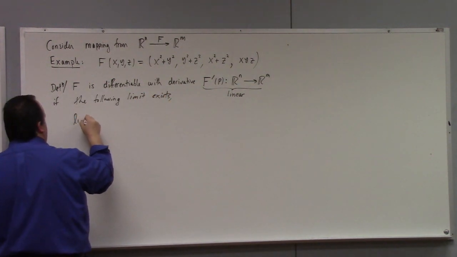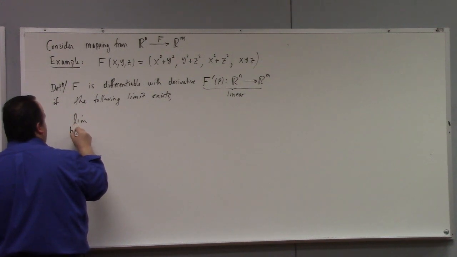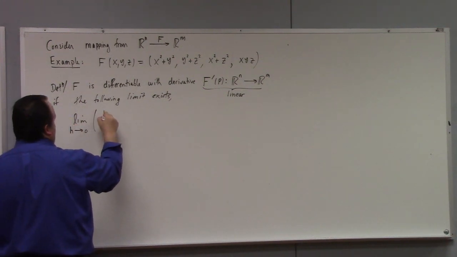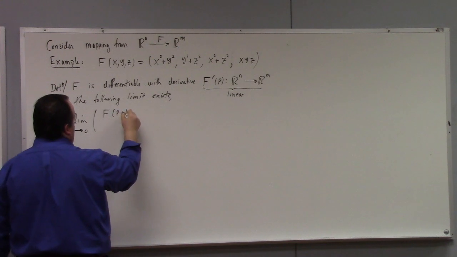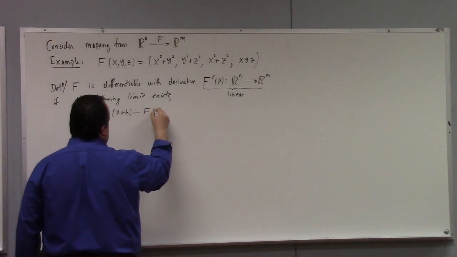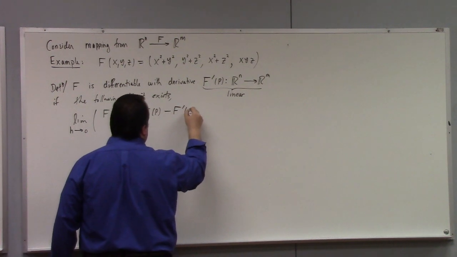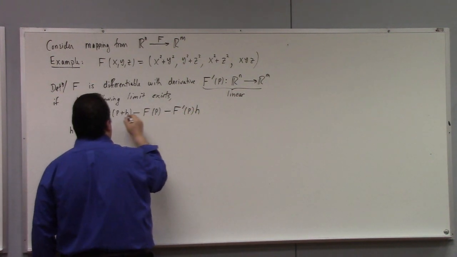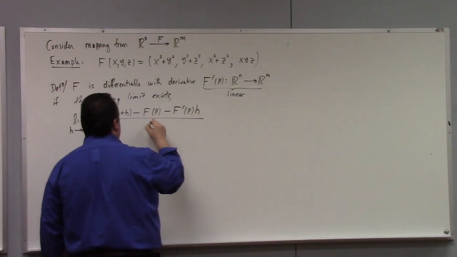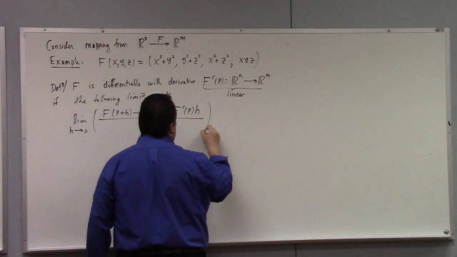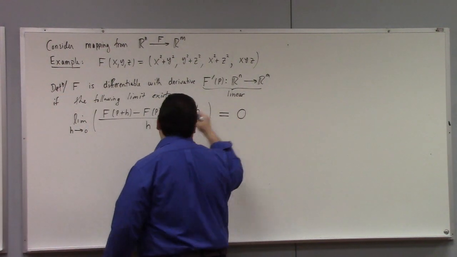So here we go. The limit as h goes to 0 of F of p plus h minus F of p minus F prime of p times h, all divided by h, equals 0.